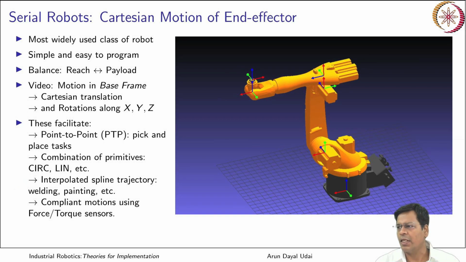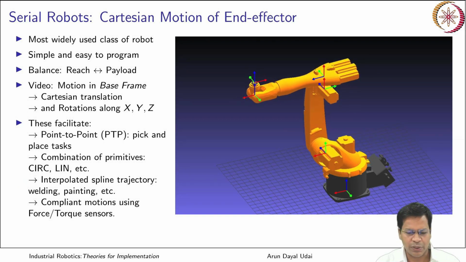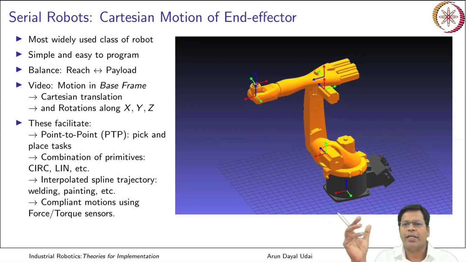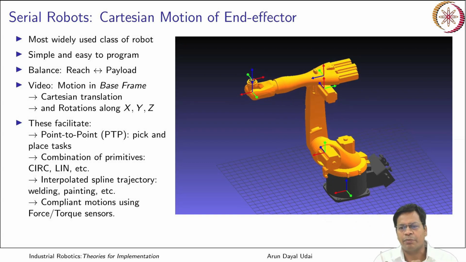Okay, and it can also do compliant motion tasks. Not all robots can do compliant motion. There are special kinds of robots known as collaborative robots or cobots, which are joint compliant. So their joints are not very stiff, and you can make them go backward also. That means they are all back drivable.